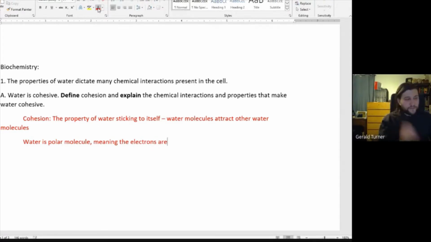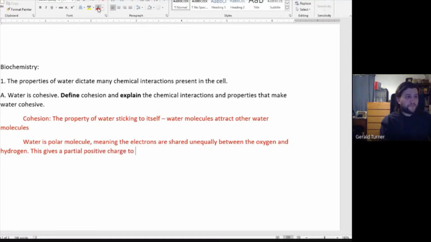So this gives a partial positive charge to the hydrogen in the water molecule, and it gives a partial negative charge to the oxygen.